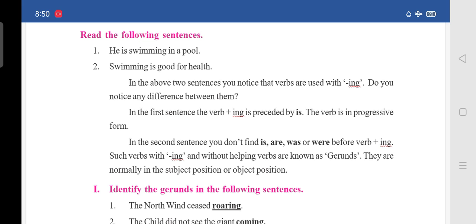So verbs without having is, are, was or were, we say that as gerunds. Gerunds means without helping verbs are known as gerunds. So verbs with ing and without helping verbs we call them as gerunds. So they are normally in the subject position or object position.